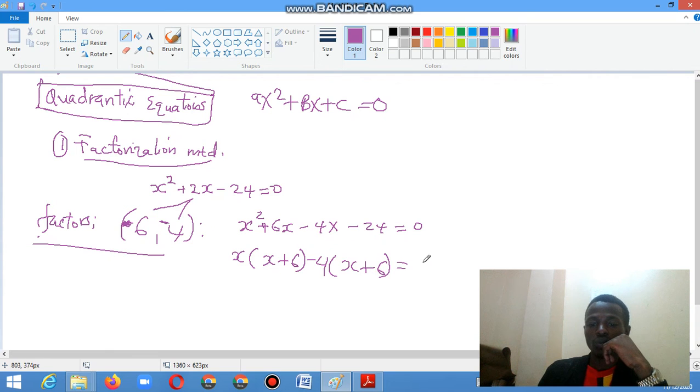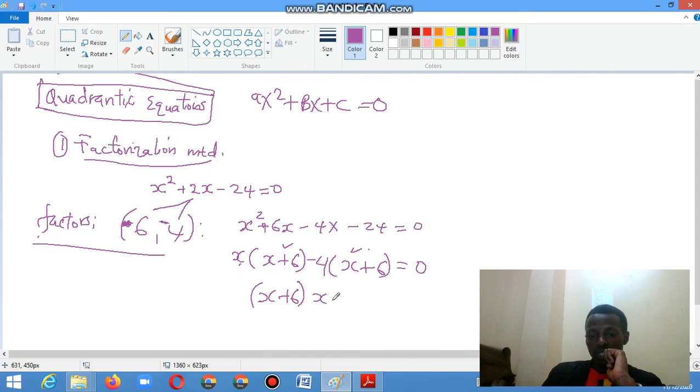Since the brackets are the same, I can write it once: x plus 6, followed by a second bracket, x minus 4, equal to 0.